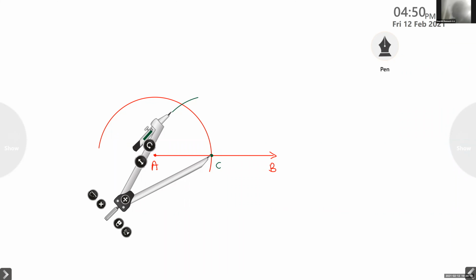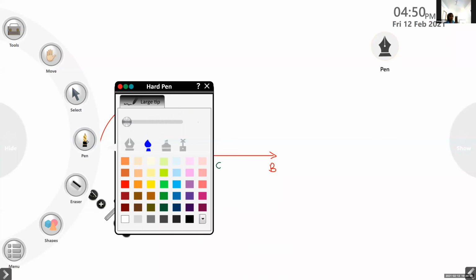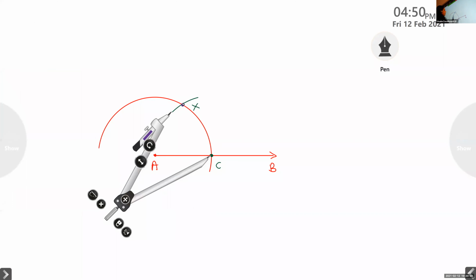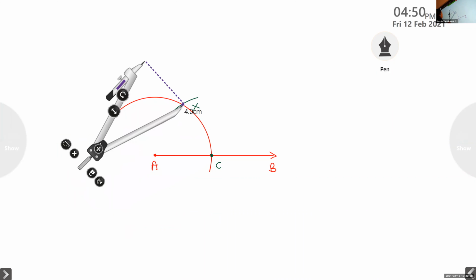And we give it as X. And the same measurement, don't move the compass. Can you see that X point? Keep the compass at X.